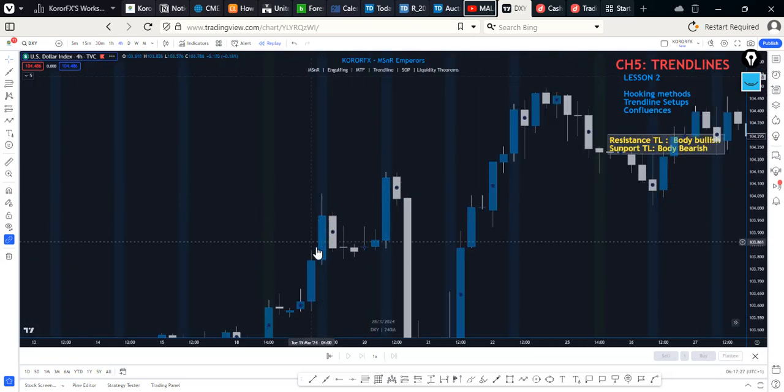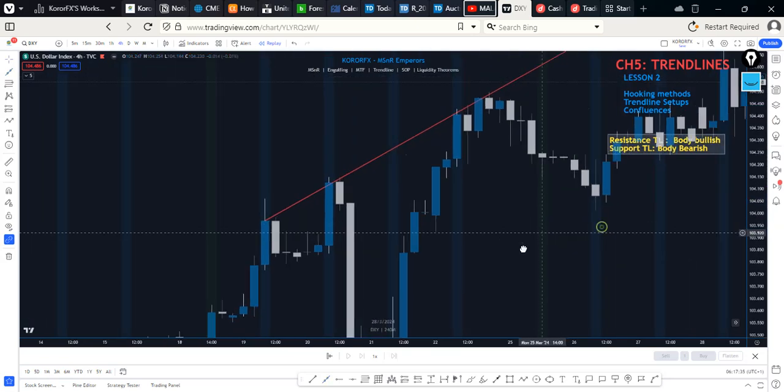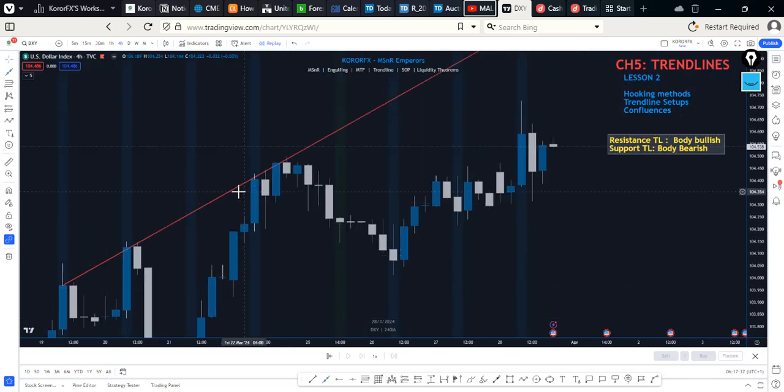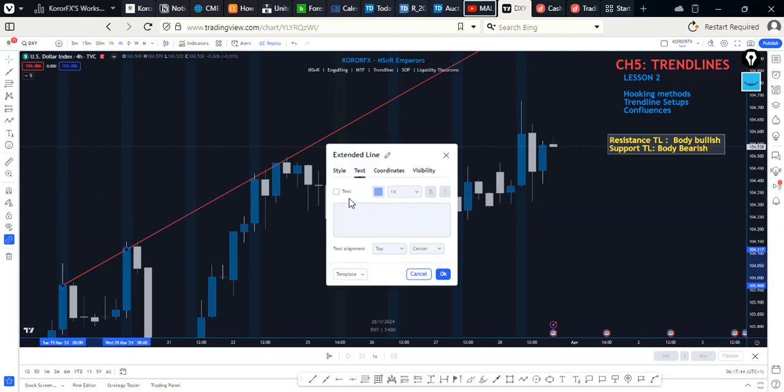For example, here this candle body is bullish, so this means it's a resistance TL, a resistance trend line.